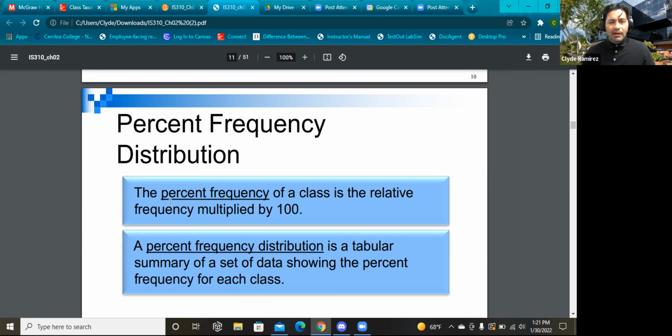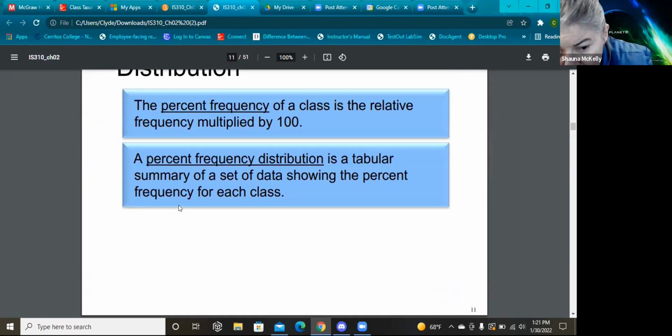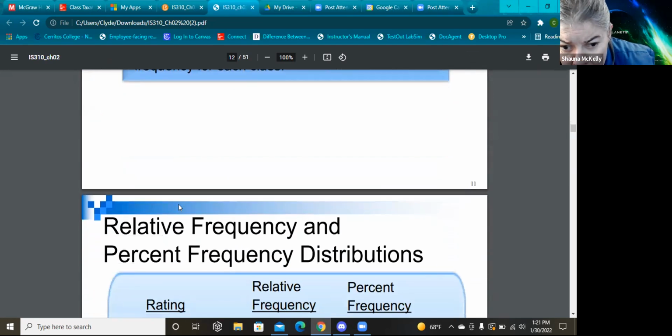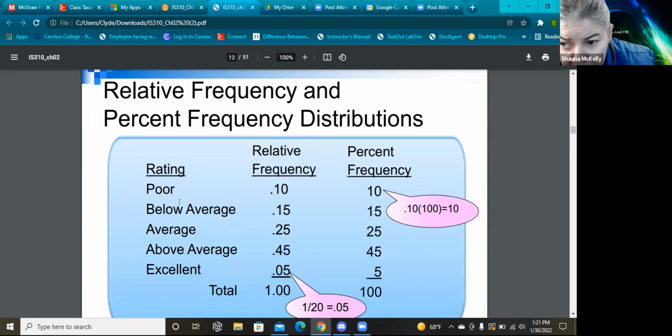We're always multiplying by 100, Shauna, because percentages are out of 100. The way that we change a decimal to a percent is we multiply by 100. So that's where the 100 is coming from.